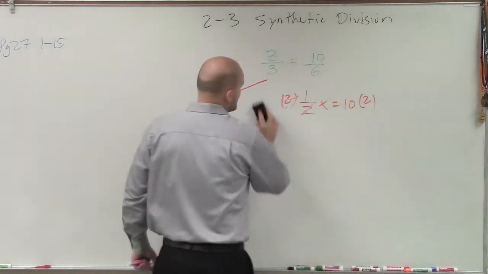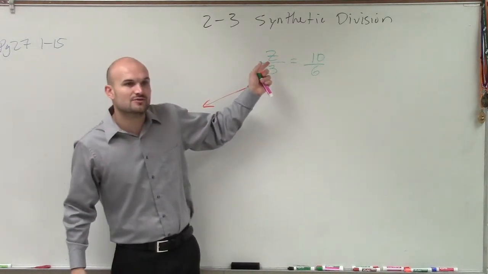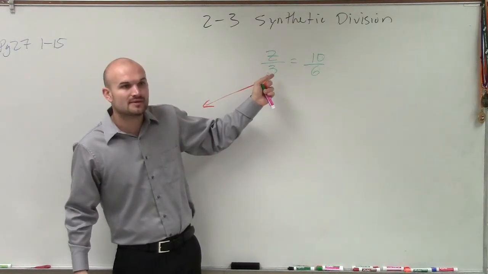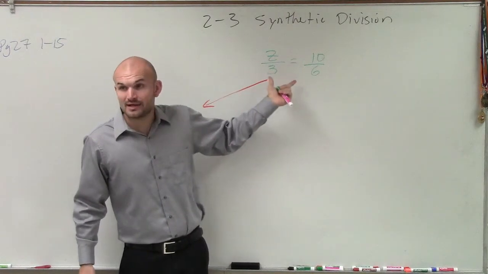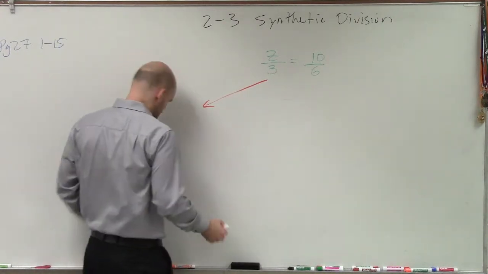So if I'm looking at this equation and I want to get rid of the fraction with the z, I can multiply by the denominator.